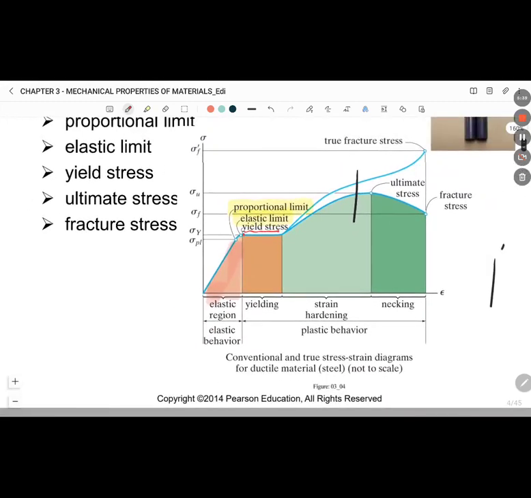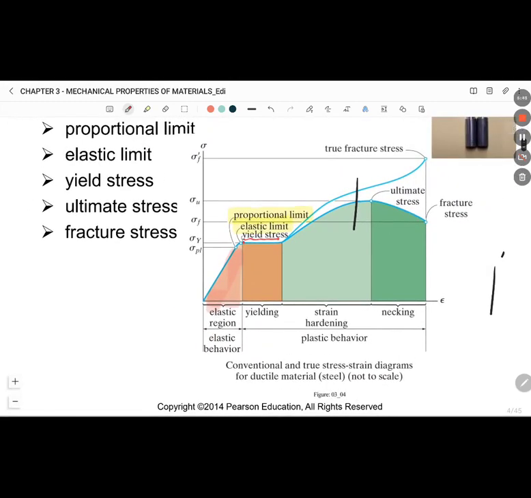So you need to remember, in the elastic region the material behaves elastically, and if you remove the stress before it reaches the yield stress, it will return back to its original shape.